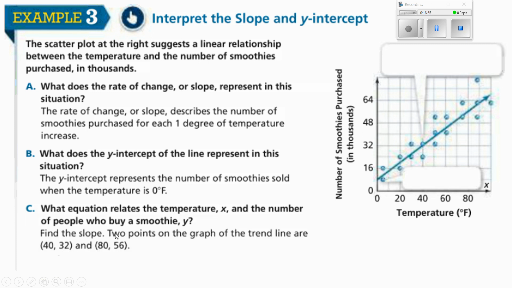Well, we're going to find the slope, so we need 2 points on the graph of the trend line, and we got 40 and 32, and we have 80 and 56.